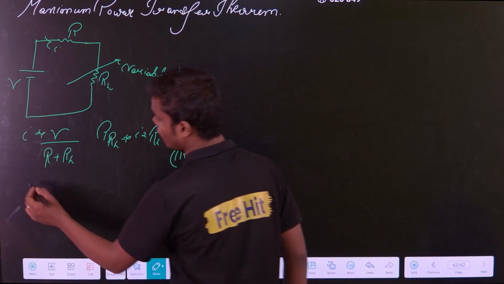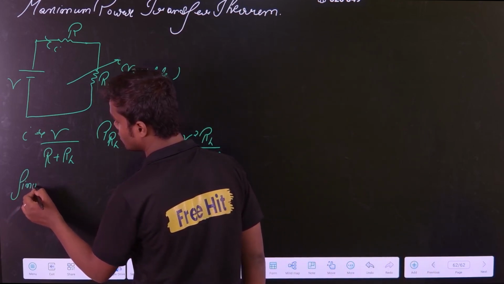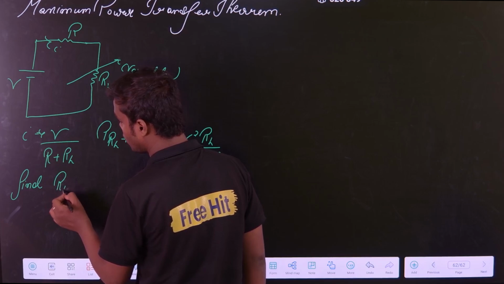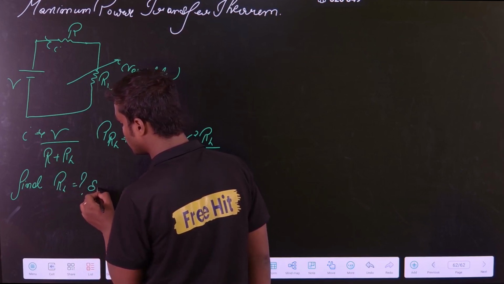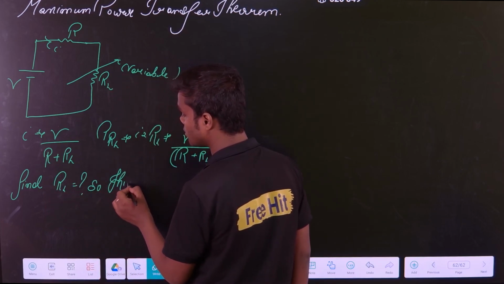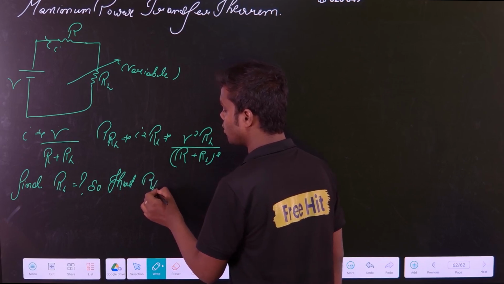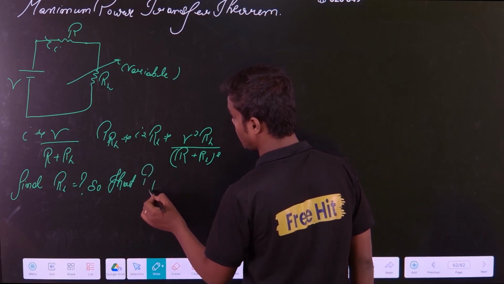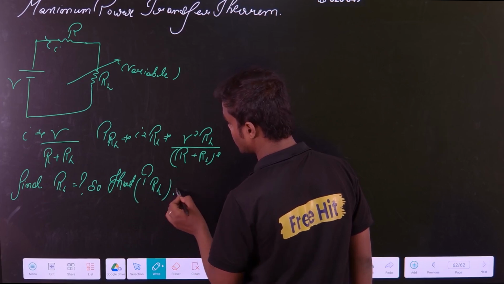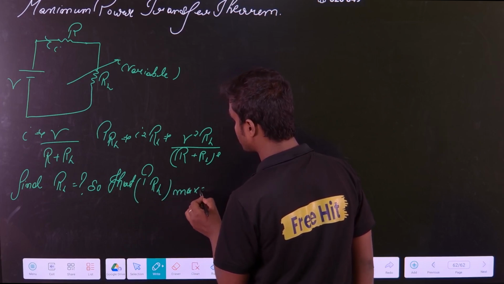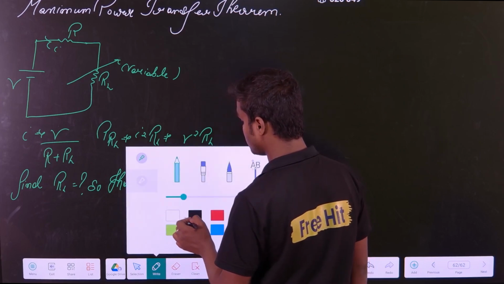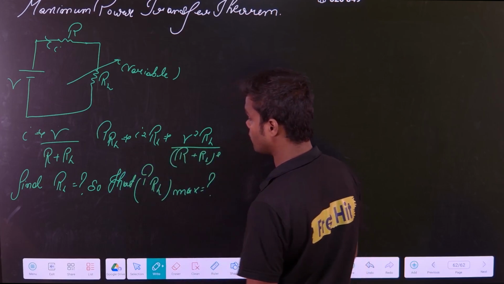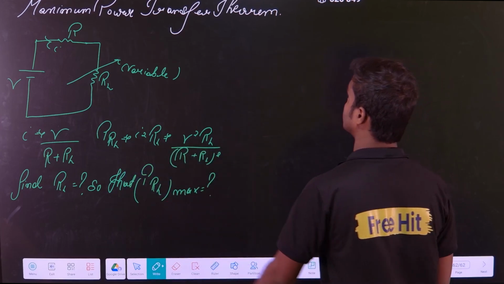Now I want to find the value of RL so that P RL will become maximum, which means maximum power will be transferred. So what is the idea to do this?